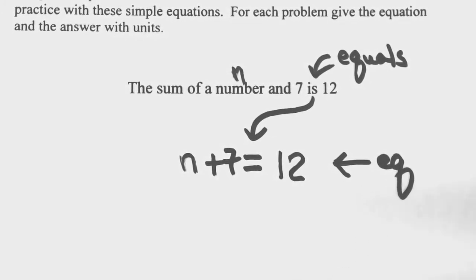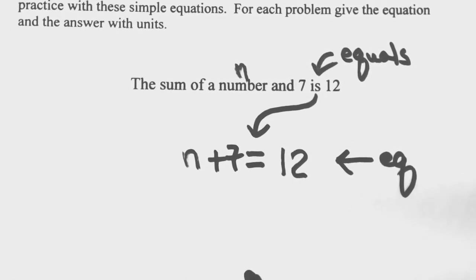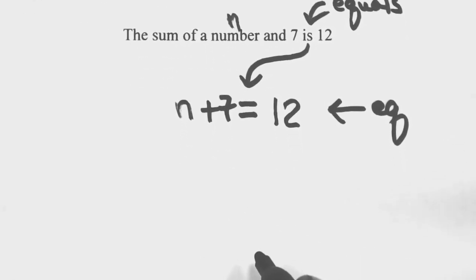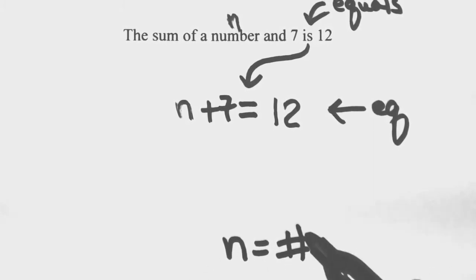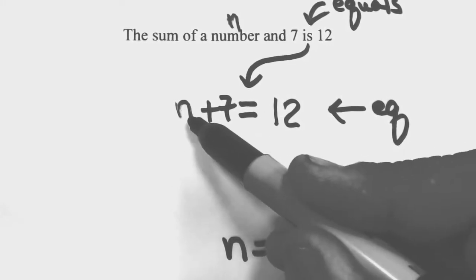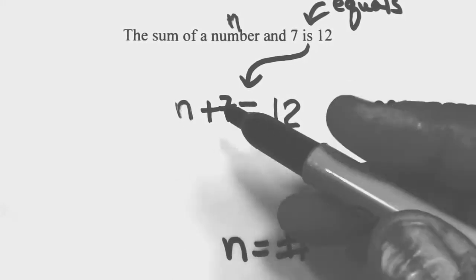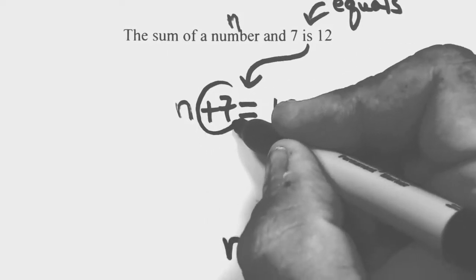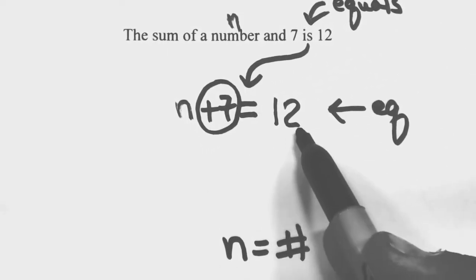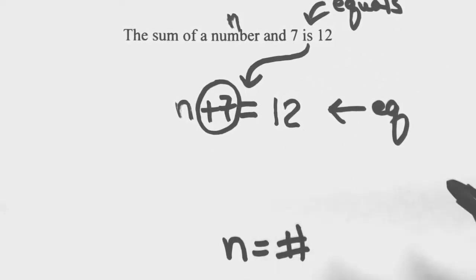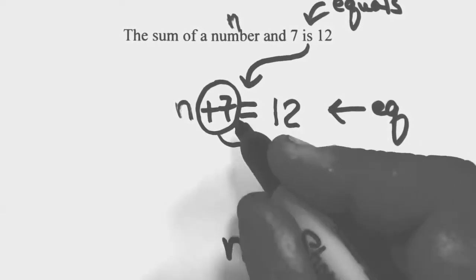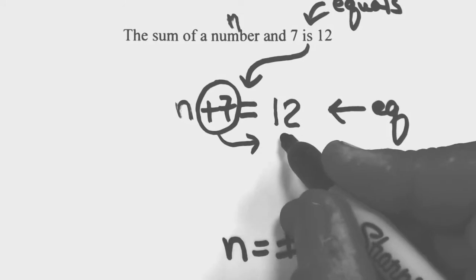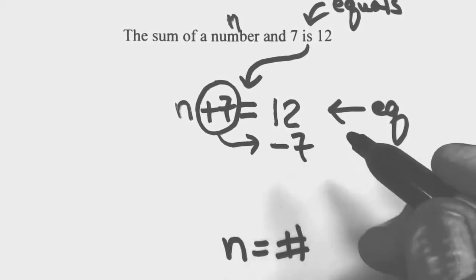Then, of course, you want to solve this. So, as we've done many times before, our guide to solve this is that we want n equals whatever number the answer is. Well, n's are okay on the left, so this n term is fine, but the plus 7 has to move. Numbers are okay on the right, so the 12 is fine. So I've got to move the plus 7. When it jumps to the other side of the equal sign, we've got negative 7.